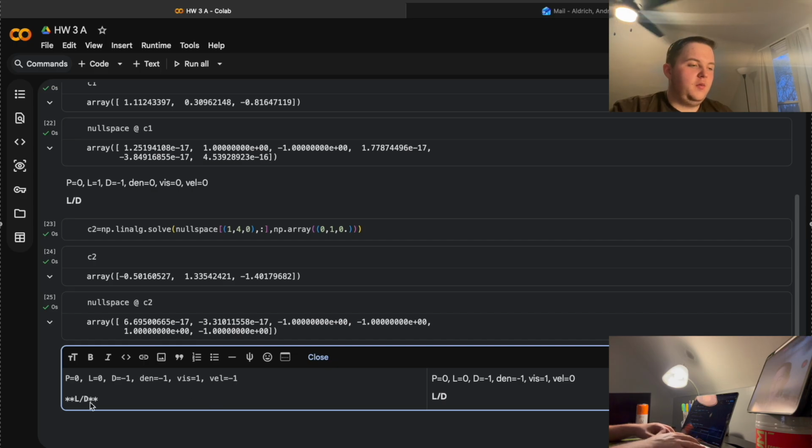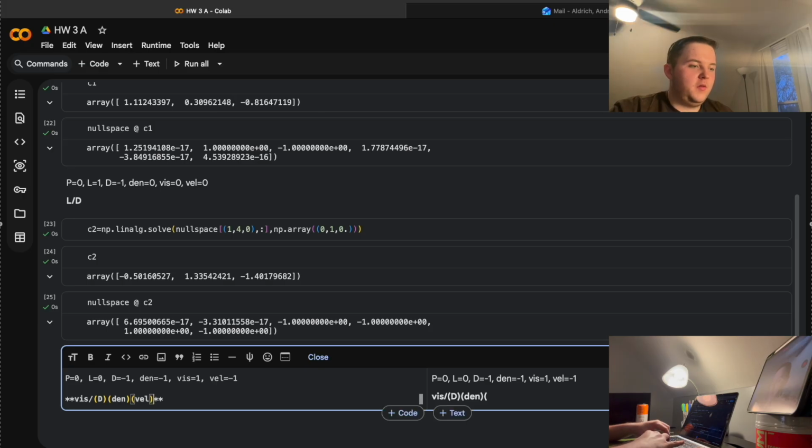So what we're left with here now is 3 numbers in the denominator and 1 in the numerator. So we're going to have our viscosity over diameter times density times velocity.